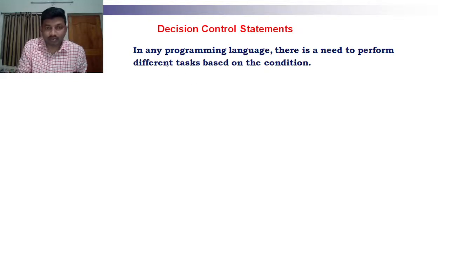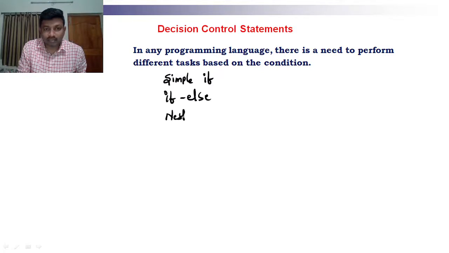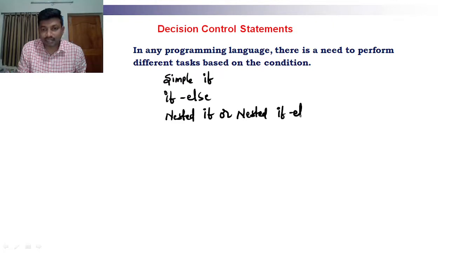So you can implement these statements using simple if, if else, nested if, or I can say nested if else. Am I right? We have seen the syntax of these in the previous tutorial.